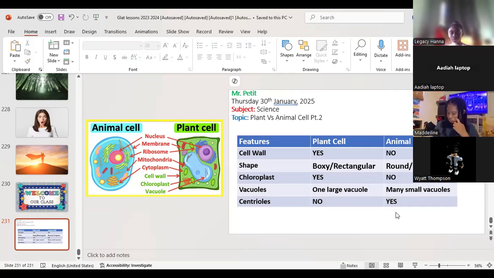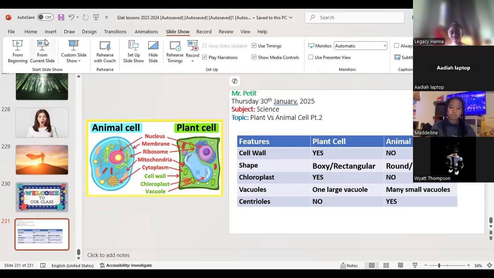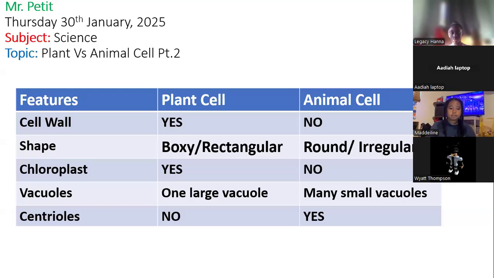Helps with reproduction. So Madeline, go over the 1, 2, 3, 4, 5 differences between the plant cell and animal cell. Do I have to say yes and no? Yes, so you could say the plant cell has a cell wall, whereas the animal cell does not.